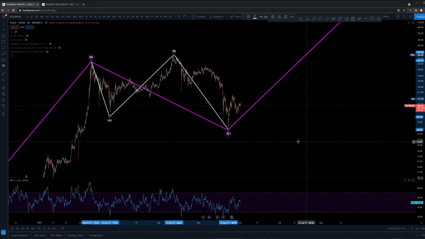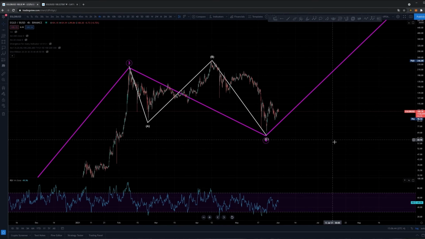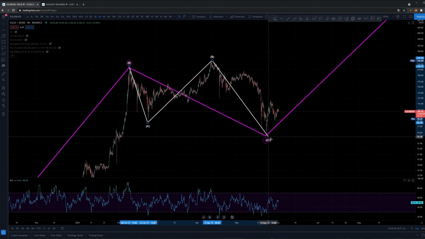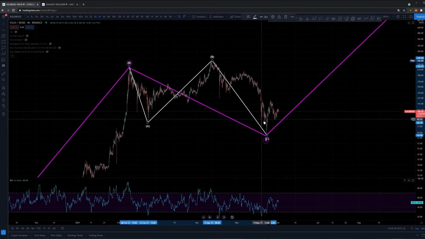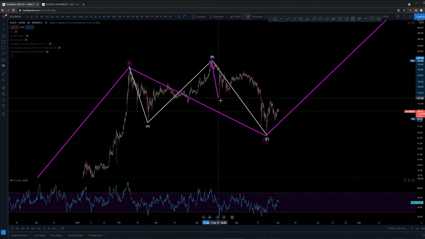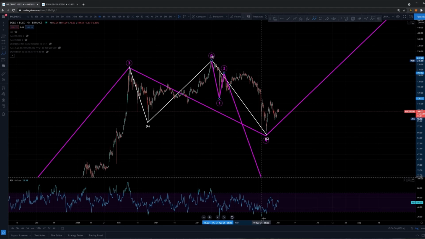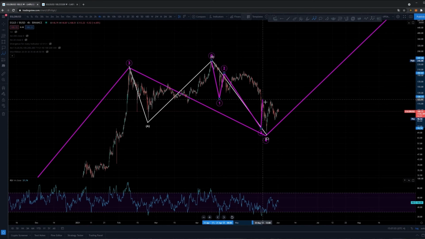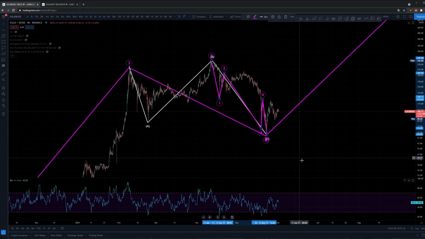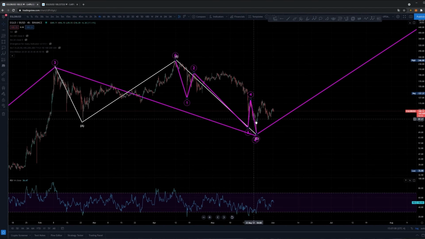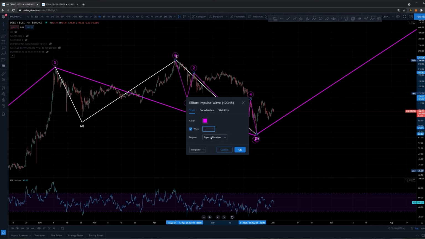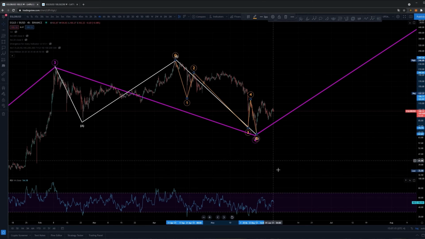And the C wave of a running flat used to be this one here, used to be 5 impulsive waves down. And if we count them, it is something that if we catch the RSI here, it will give this like that. And it is possible that we are already done with this retracement, but not sure yet.